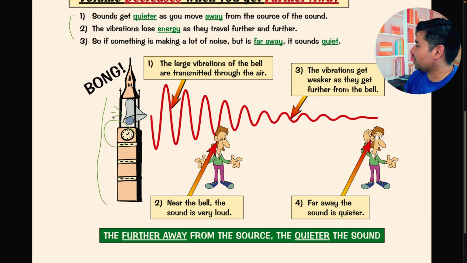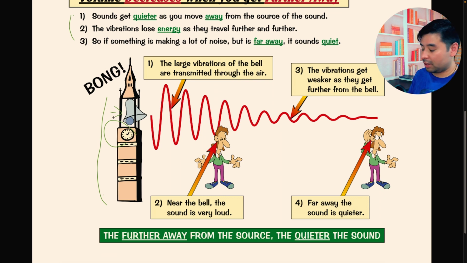Number 1, the large vibrations of the bell are transmitted through the air. Why the large vibrations? Because by the picture we can get the idea that the bell is quite big, right? So of course it's going to produce a large, strong one.